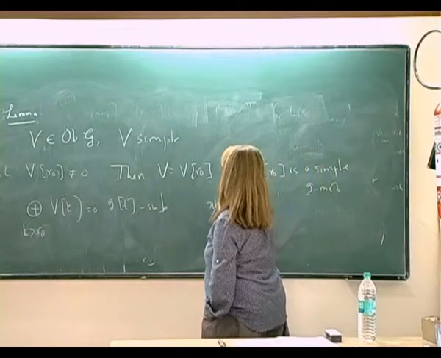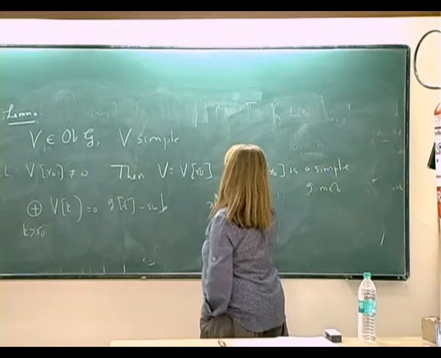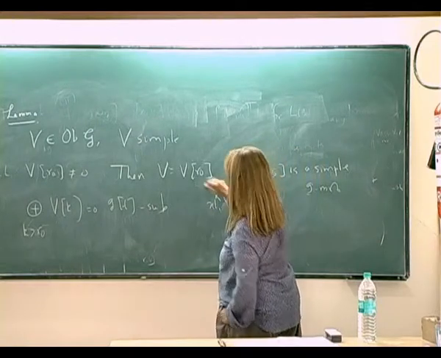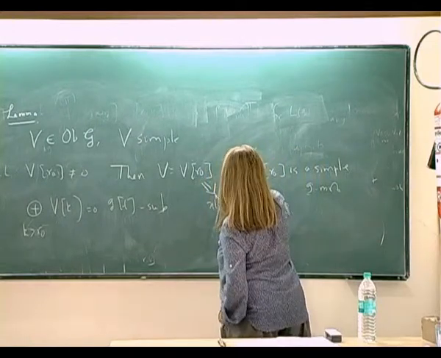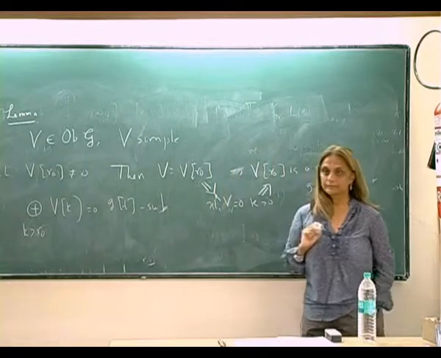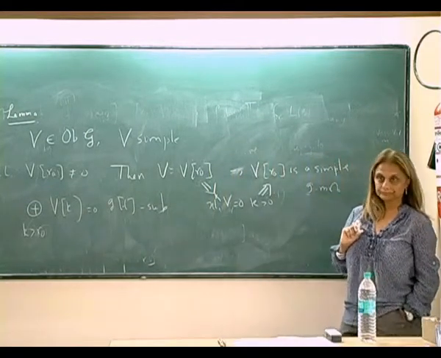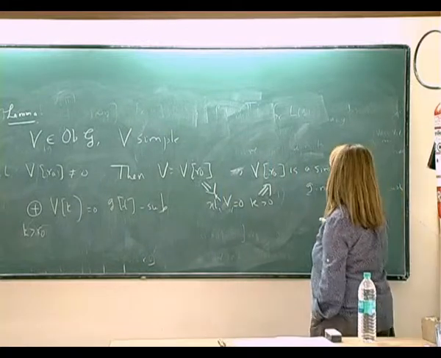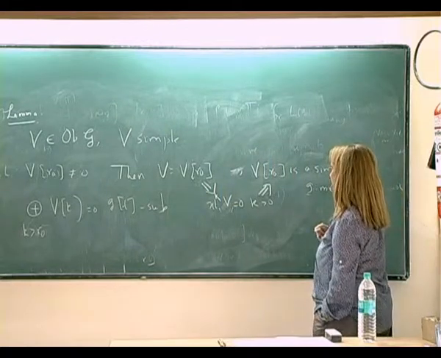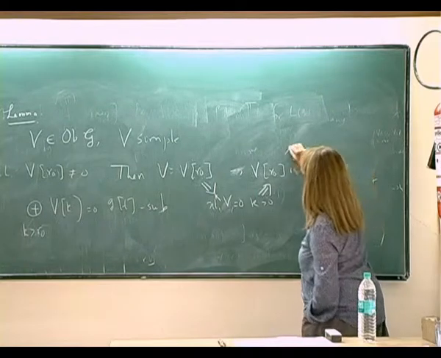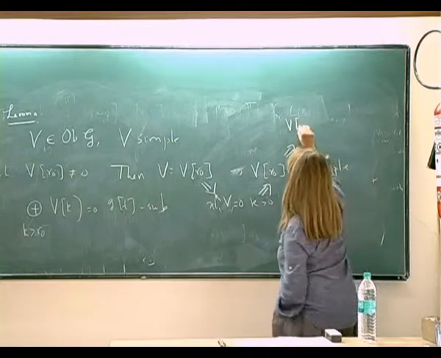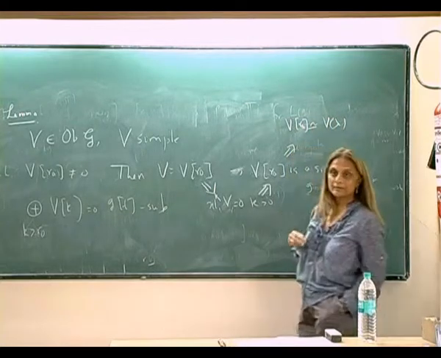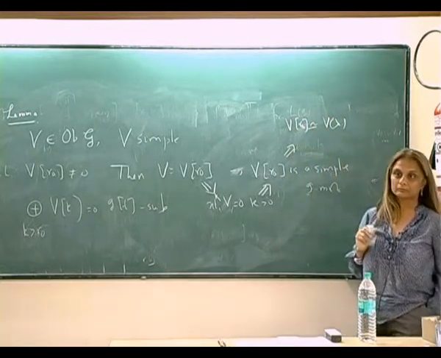So xt power k on V is 0 if k is bigger than 0. This is the implication, right? So this implies VR0 is a simple G module. And then what does that mean? That means that VR0 is isomorphic to V lambda for some lambda dominant integral. Yeah?